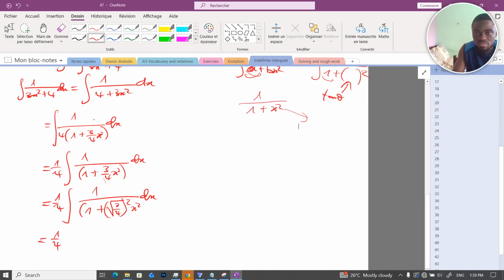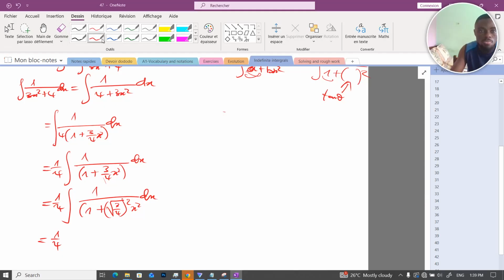In an exercise, if I'm not asked to prove it and I notice that I have to find this, I would just say by recognition this is equal to arctan of x. But here we cannot say that because we have a number here and another number here. You get what I'm saying? So you have to show the whole working.